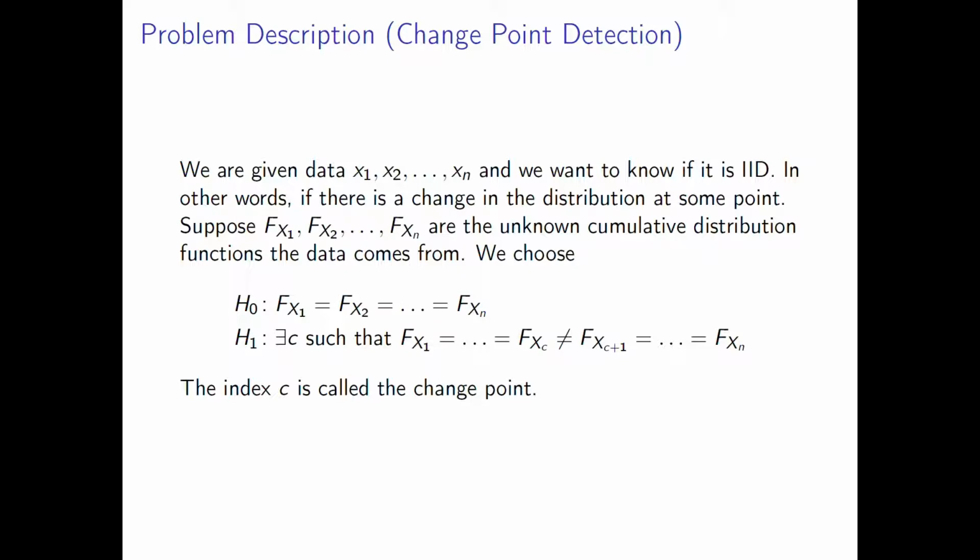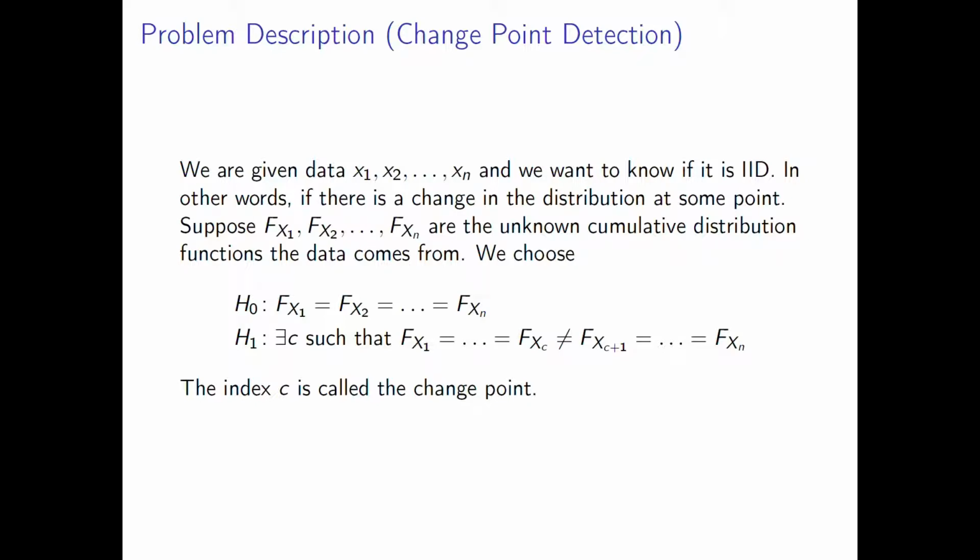And H1, the alternative, is that there exists a c such that the first c distributions are equal, then there's a change point and the distribution changes, F_Xc is not equal to F_Xc+1, and then the distribution is the same again, and they're equal again.